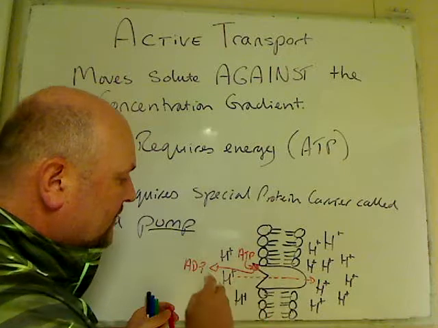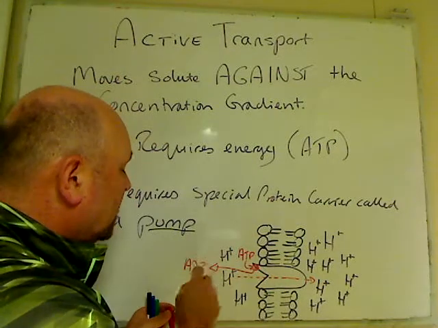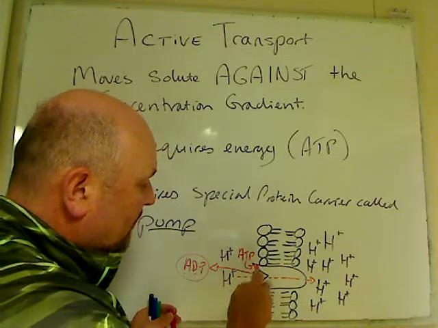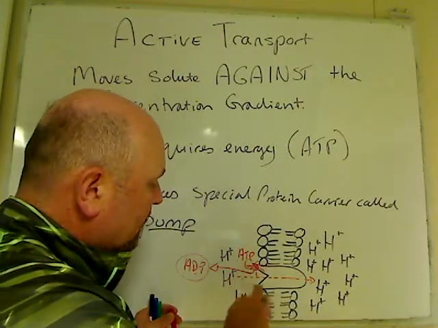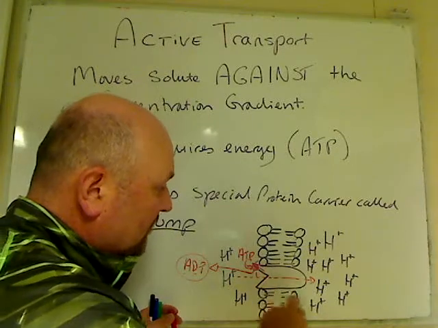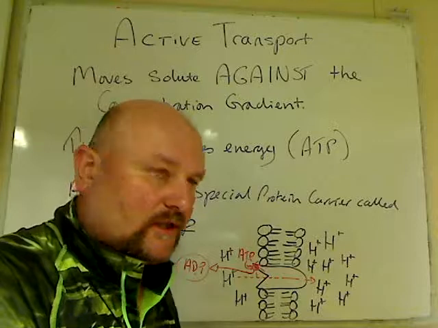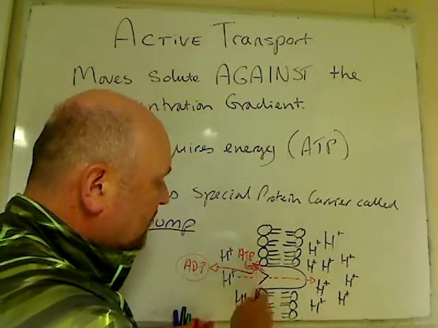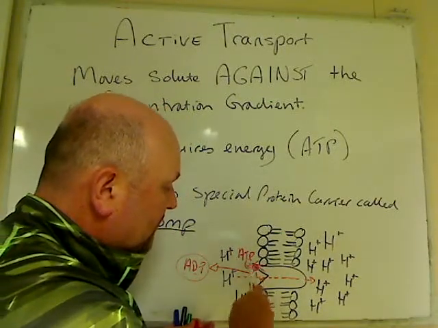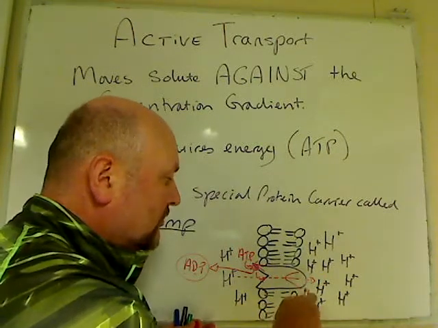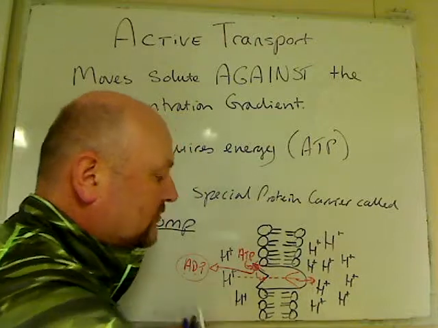So the phosphate stays here, so inorganic phosphate, and then you're down to 2 phosphates on that molecule instead of 3 there. But that releases energy, and that causes the change in this protein. Remember, in the facilitated protein, the binding caused the change. In this particular environment, the hydrogen can get on there, but until you expend the energy of the ATP, this will not open on the other side and allow the hydrogen to go through.